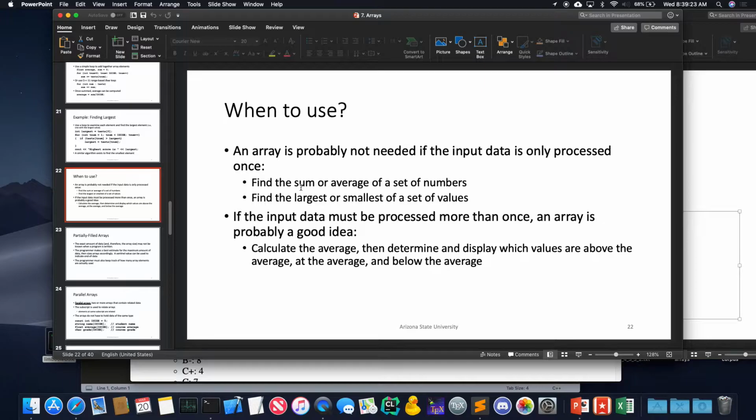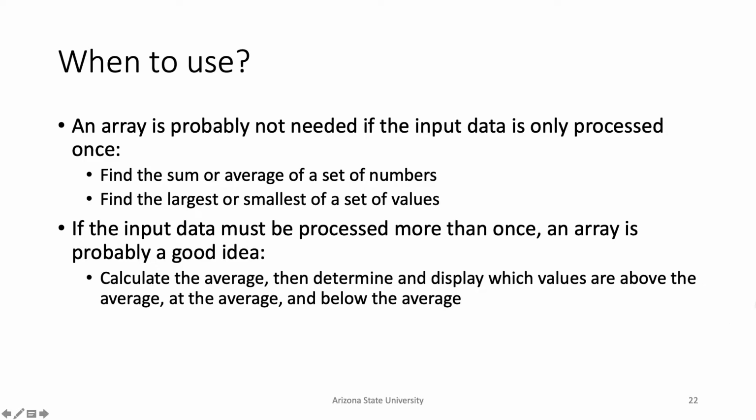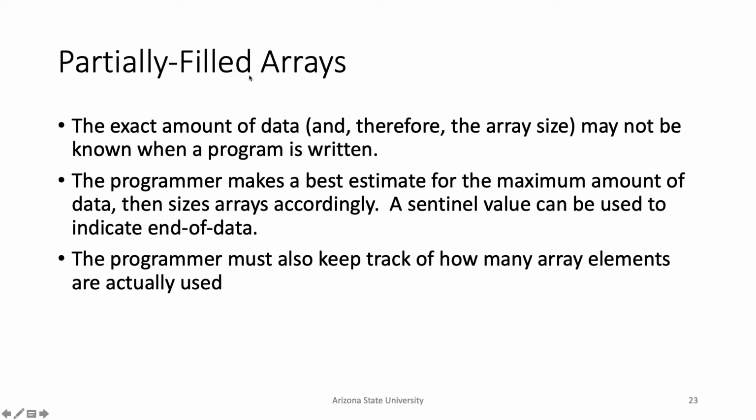Now print all the contents in reverse order, starting from the last one that was entered and go back to the first one. You have to store the data for that one. So you have to understand when is it okay to use an array and when it's absolutely necessary. If you just want to know the sum or average or largest or smallest, you probably don't need an array for that. But sometimes you do for other problems.